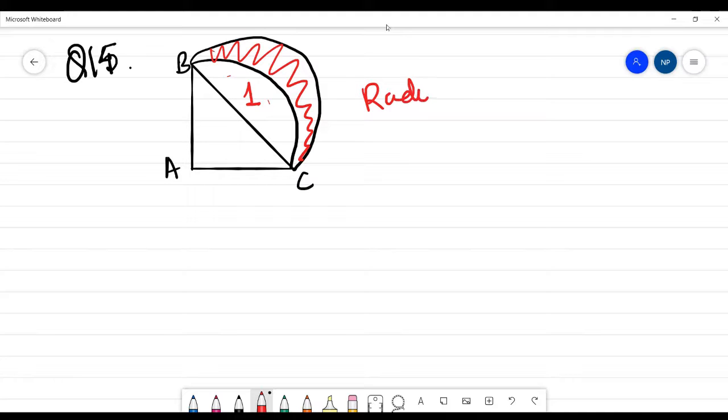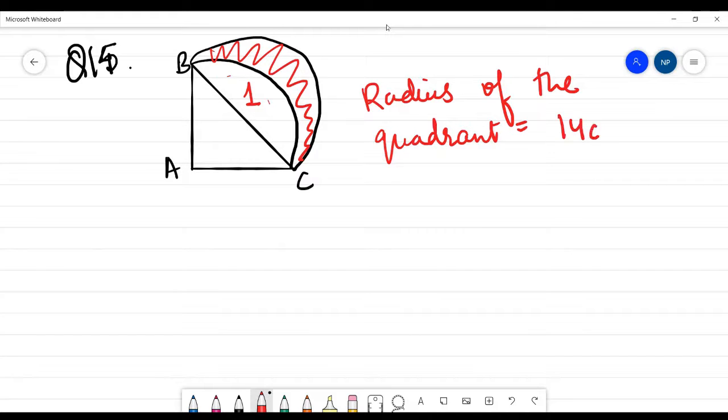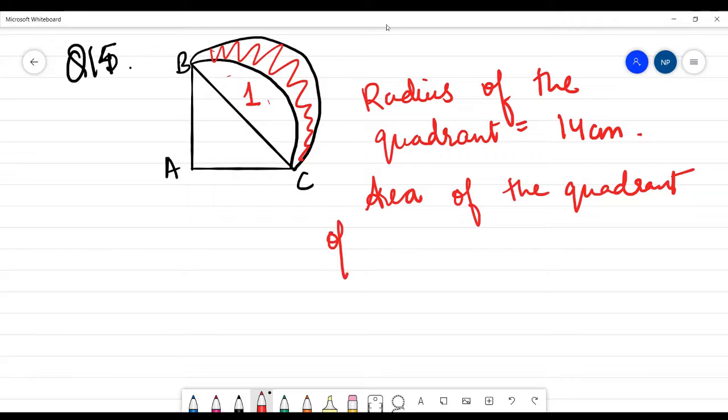The radius of the quadrant is 14 centimeter. So the area of the quadrant of the circle is theta upon 360 into pi r square. A quadrant always has 90 degrees.